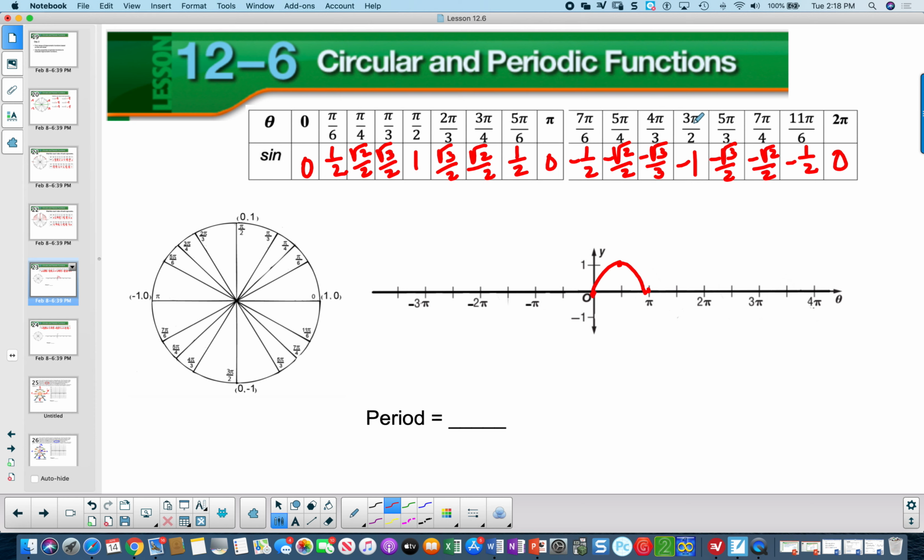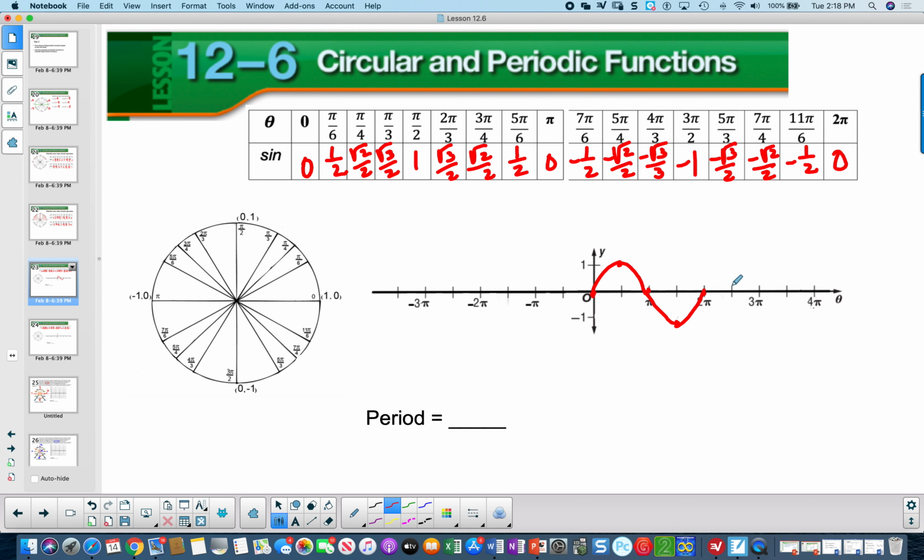And then here at 3 pi halves, it's over here at negative 1, and all these values got more and more negative. And then over here, these are all negative values, and at 2 pi, it's going to be 0, and these values get closer and closer to 0. So here's what the graph looks like.